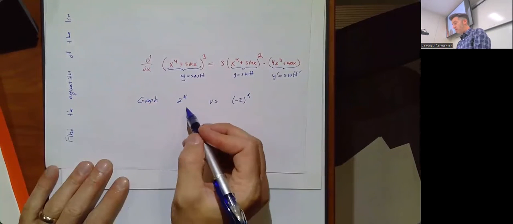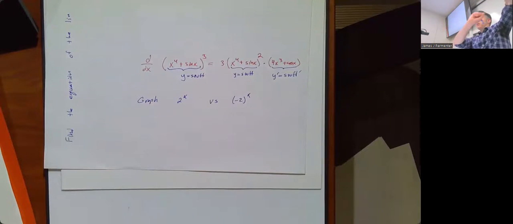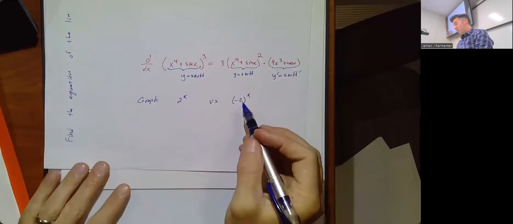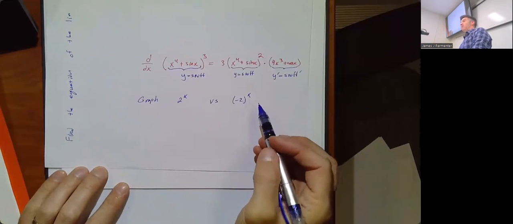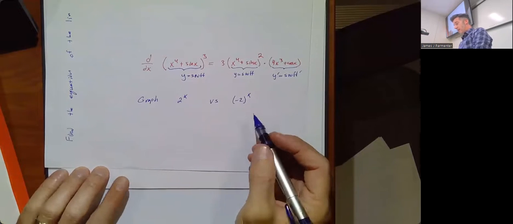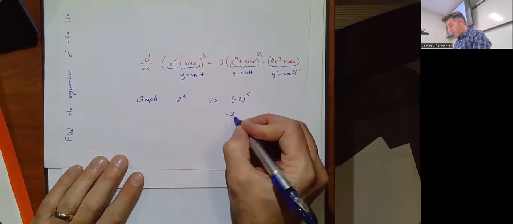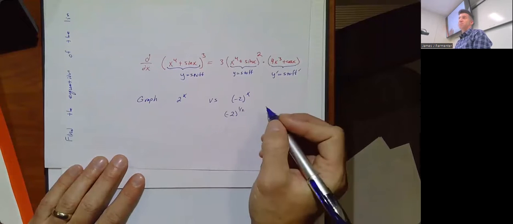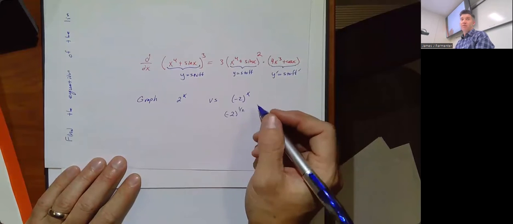This one looks normal. This one, you can barely see it because it only has points along the way, because -2 to the x power is only really nicely defined if x is a positive integer. Anything else, for example, just to pick an easy one, -2 to the 1/2 power is the square root of -2, which isn't a real number.